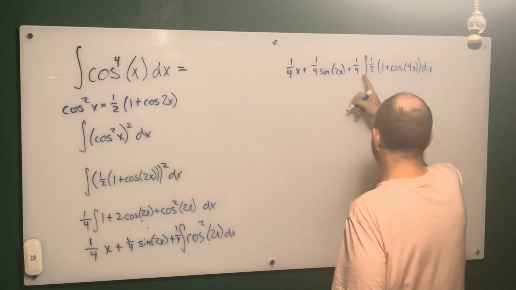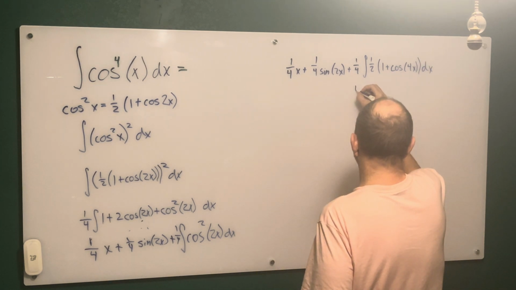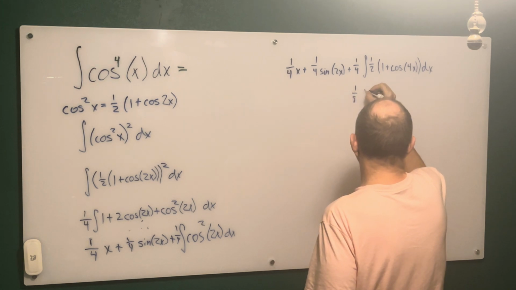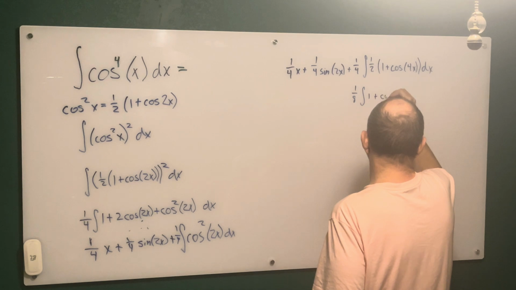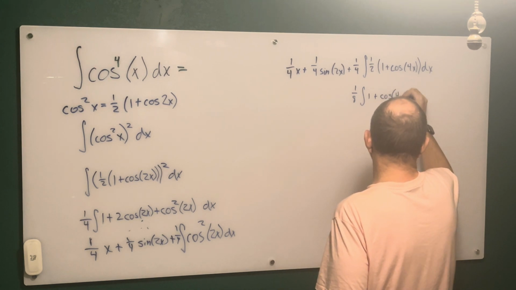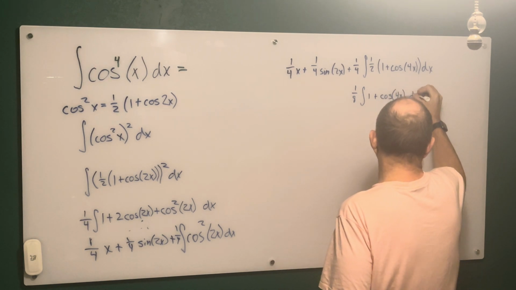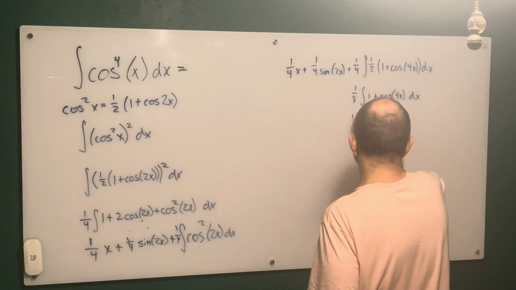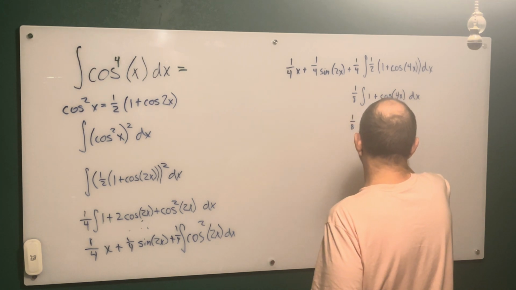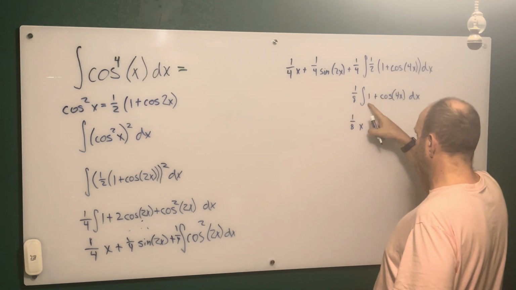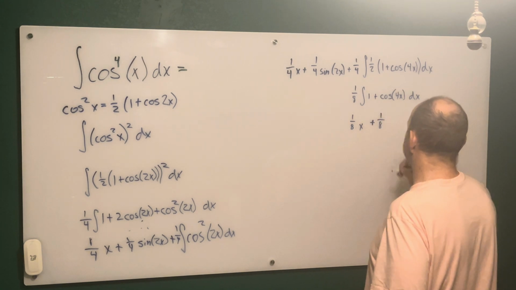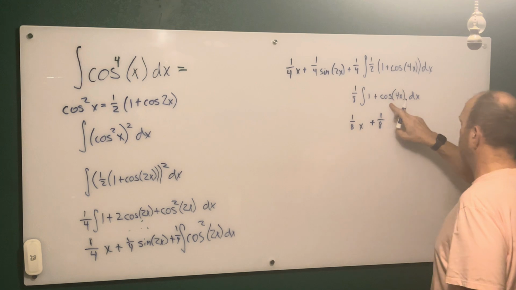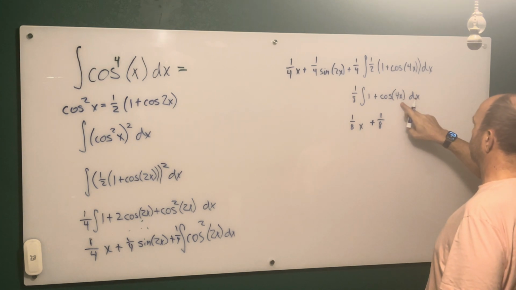There we go. So I pull the 1/2 out, I get 1/8 the integral of 1 plus cosine of 4x dx. So that's 1/8 x, integrating the 1, plus 1/8. Now I have cosine of 4x.